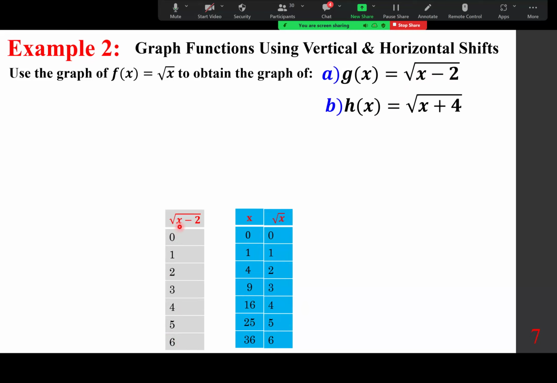If you want 0 here, x must be 2. If you want 1, x must be 3. If you want 2, x minus 2 must be 4. That means x must be 6, and so on.